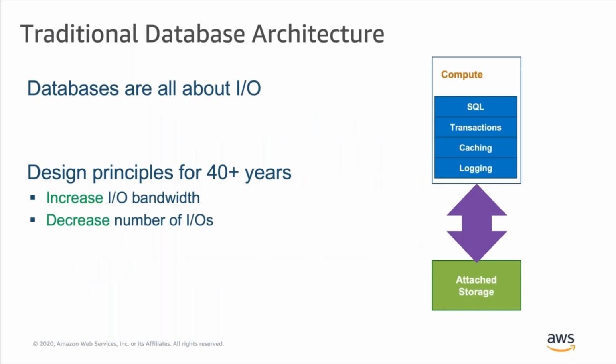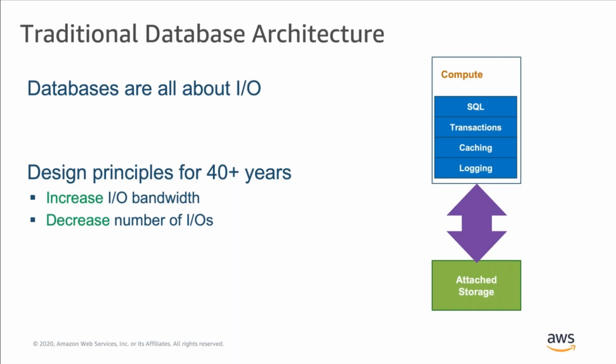So we'll start by talking a little bit about Aurora's architecture. But first, we really need to talk about how databases have been designed and built for the last 40 years. And they're all about I/O. What you can see on this slide is a simple picture of a database. You have a compute node with query processing and transaction manager and buffer cache and redo logging connected to attached storage with hopefully very high bandwidth connection.